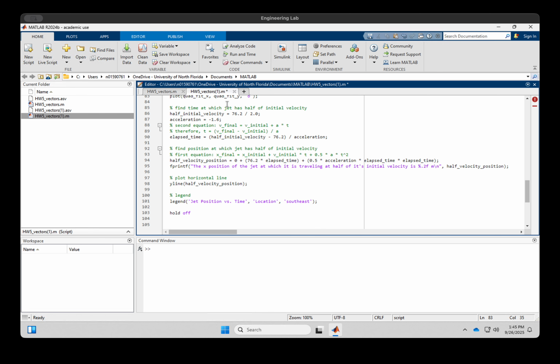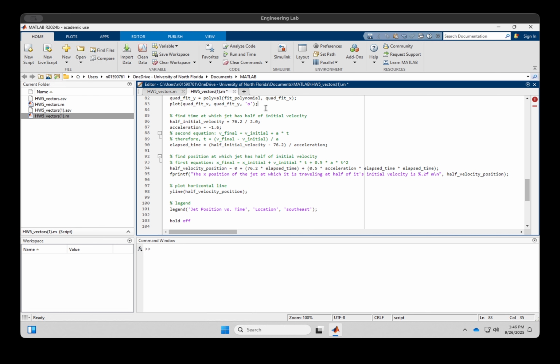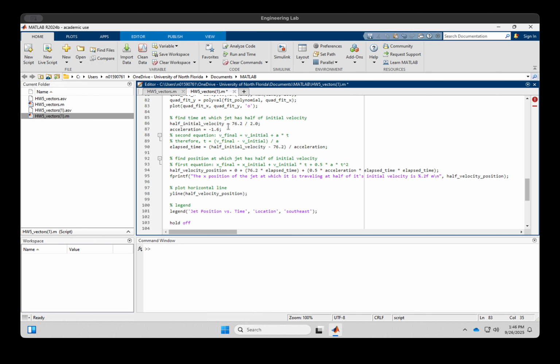Then you need to find the time at which the jet has half of the initial velocity. So first I just found half the initial velocity, that's 76.2 divided by 2. The acceleration is given in the instructions. It's the leading coefficient of the quadratic, or actually, I don't remember, is it a quadratic? It's something like that.